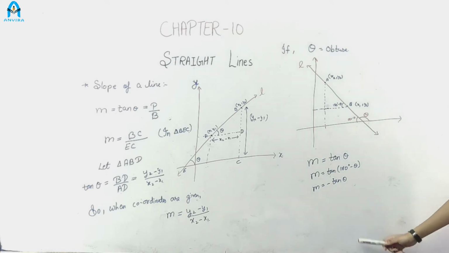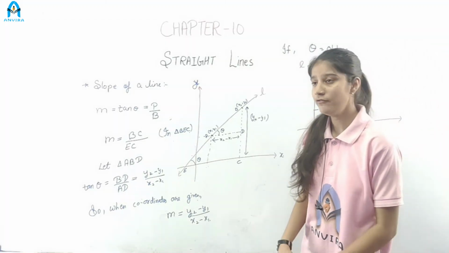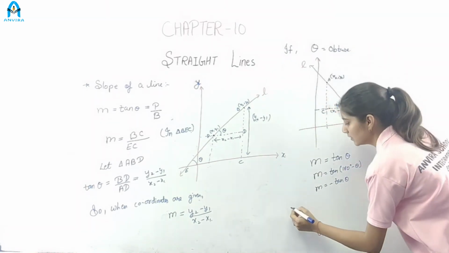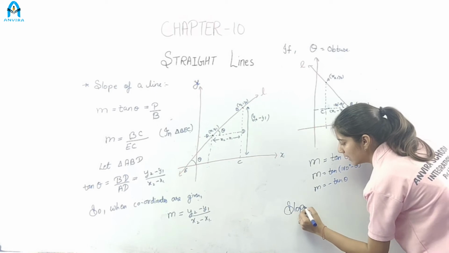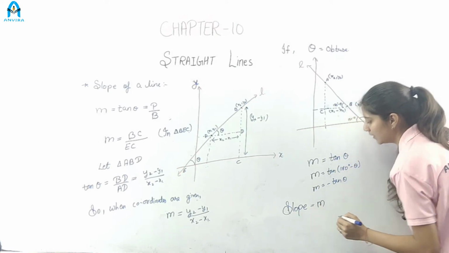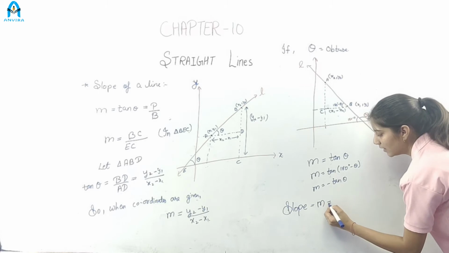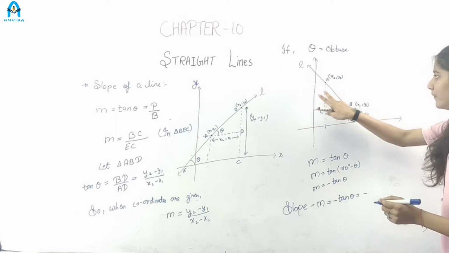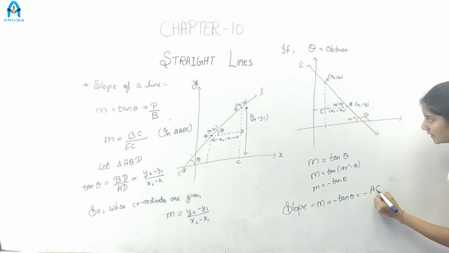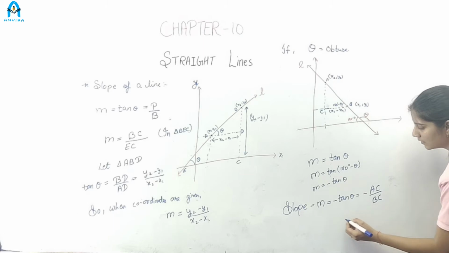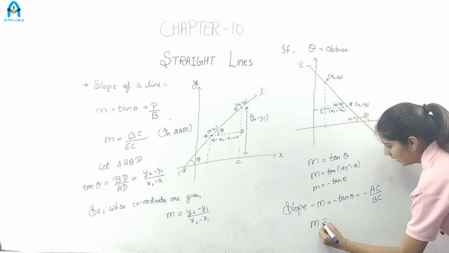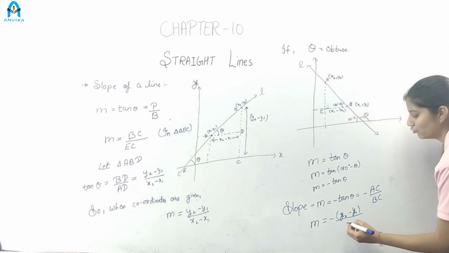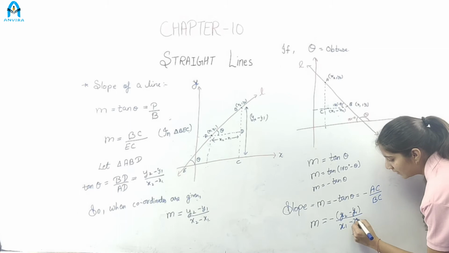If the angle is given and if the coordinates are given, how can we find the slope of the line? Then the slope is given by m equals minus tan theta, that is minus of AC upon BC. What is our AC? y2 minus y1. And what is BC?